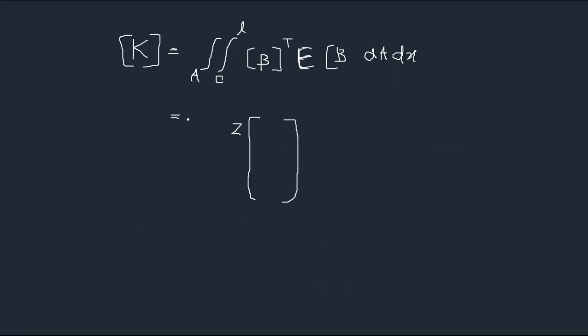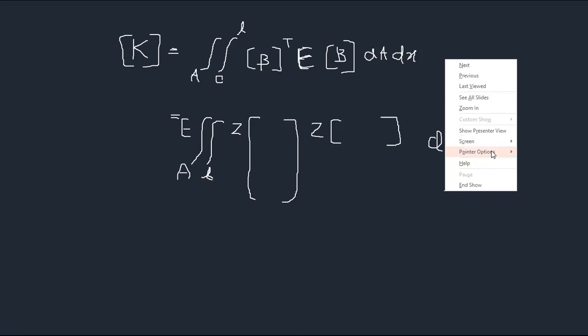You can take the E out of the equation as well. That's a constant. From this B as well, you can take a Z, and that's the same matrix, but not the transpose. dA dx. So what can you say about these three?